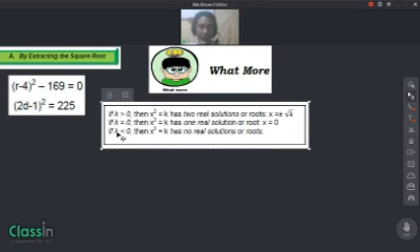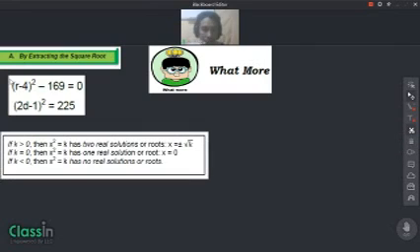So it is imaginary. K is less than 0 if the value of k is negative. So it has no real solutions. So the roots are imaginary. So let us proceed to our problem.